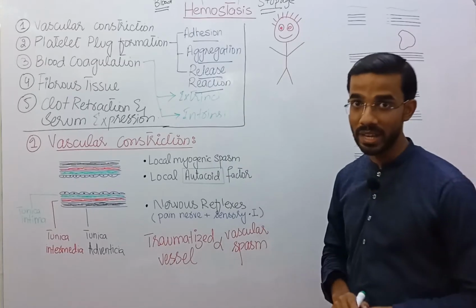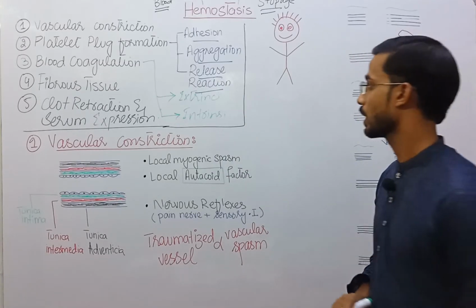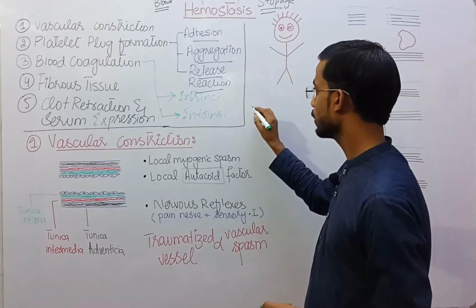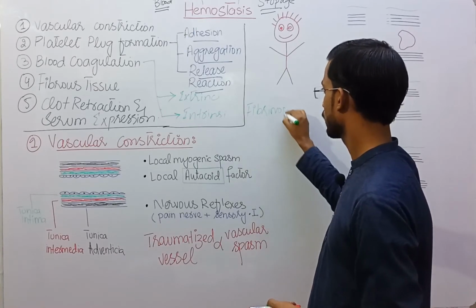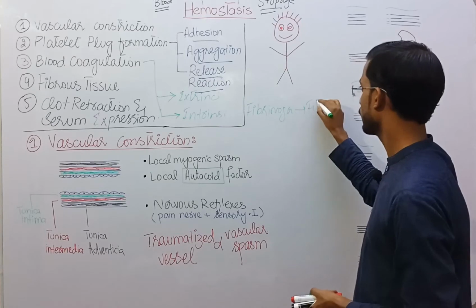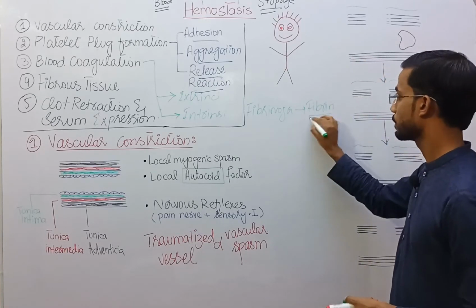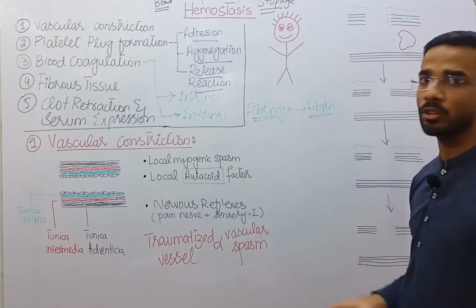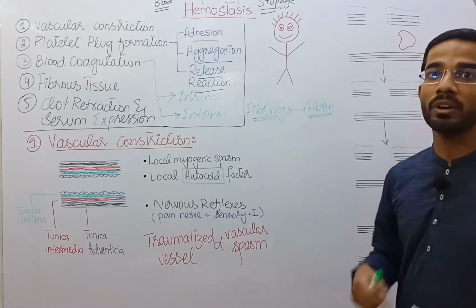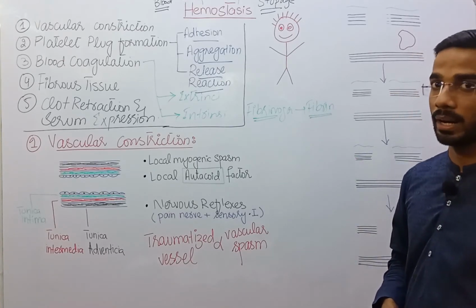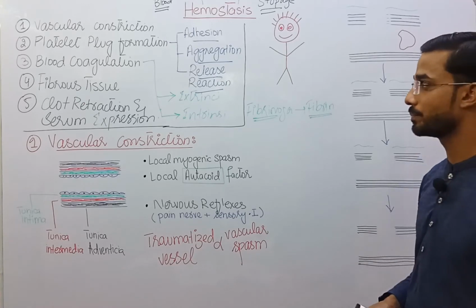Both pathways have the same role. They form fibrin from fibrinogen, and they help in the further stoppage of blood from the injured area.